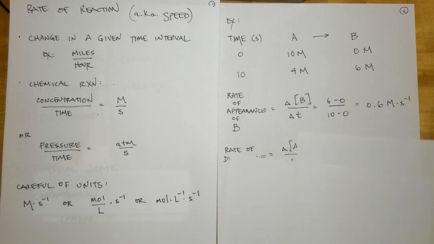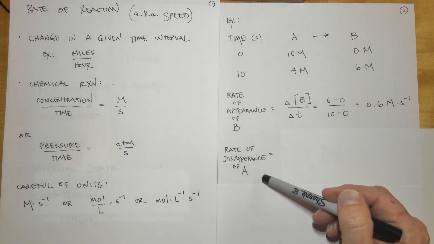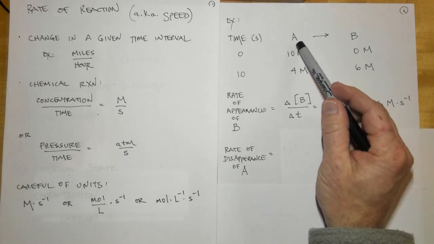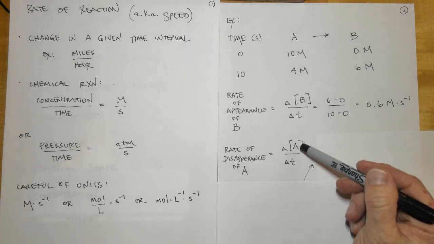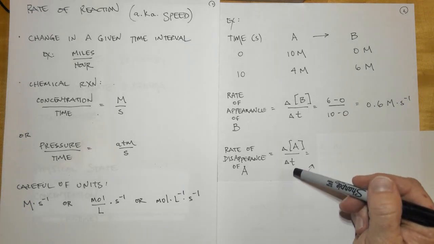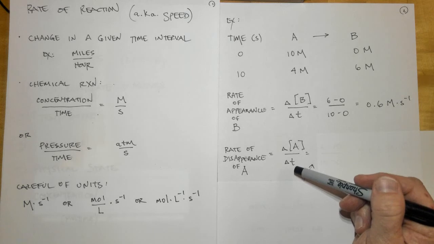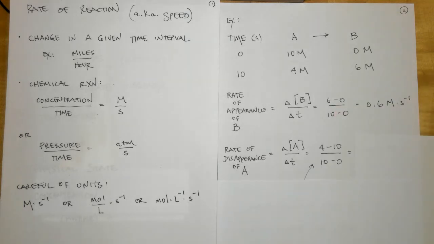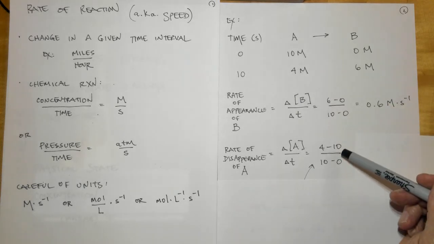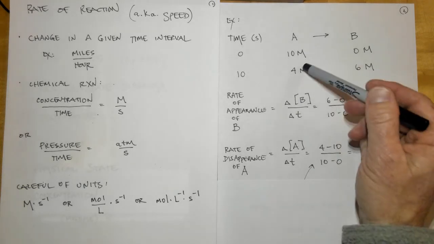We could also find the average rate of disappearance of reactant A. And we'd do the same thing, but this time we'd do the change in concentration of A divided by the change in time. And so this now would be 4 minus 10, final minus initial, which would give us a negative number, which makes sense because this is disappearing, right?